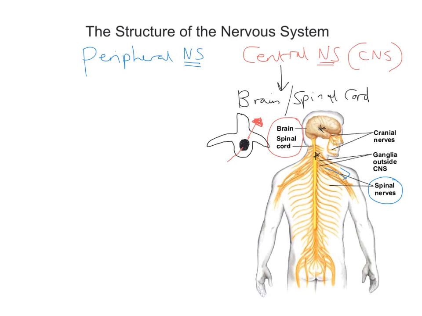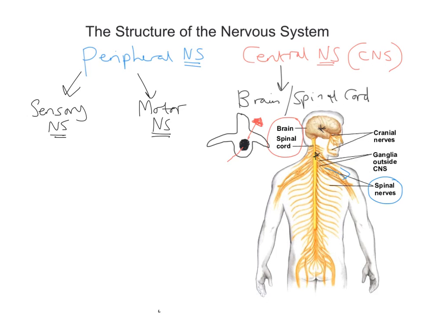And we can divide the peripheral nervous system into two groups, the sensory nervous system and the motor nervous system. So we'll just make a note of those two here. So we've got the sensory nervous system, but we've also got the motor nervous system.